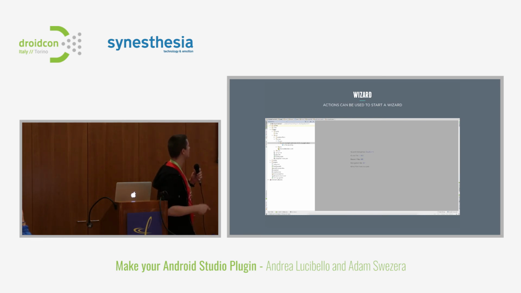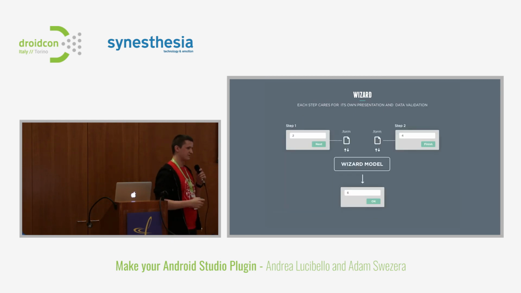Next. Okay. So how do wizards work? In wizards, we have two parts. We have the steps, and we have the model. Each of these steps defines their own user interface and their own data checking, and the model is there to carry the data from one step to another.